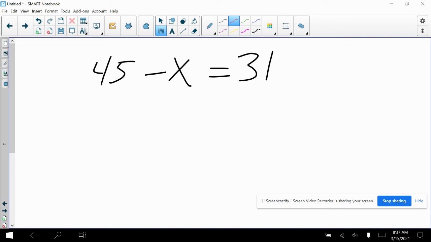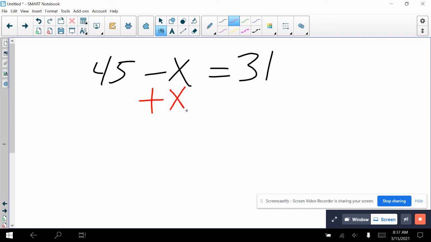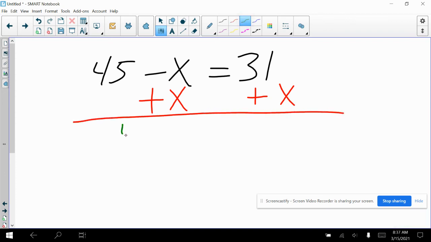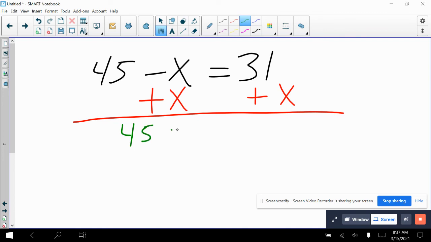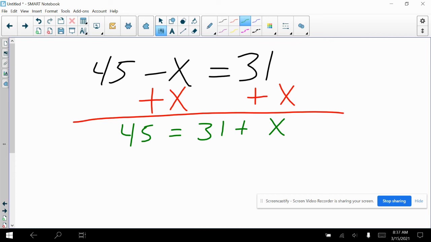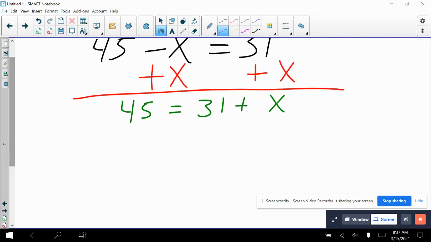Okay, but since our variable is negative, we have to get it to be positive. You have to get your variable to be positive. There's no questions. So now you had to move the variable first to get it to be positive before you could even think about starting to solve your equation.